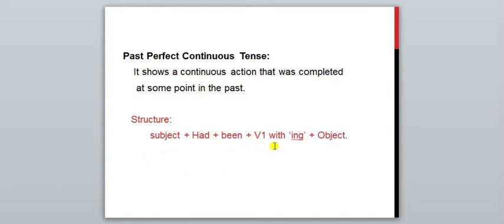Means I had been reading a novel. Means the process of reading is over, the action of reading is over, and it's over in the past. So the sentence structure is subject plus had plus been plus present tense verb having ing plus object.